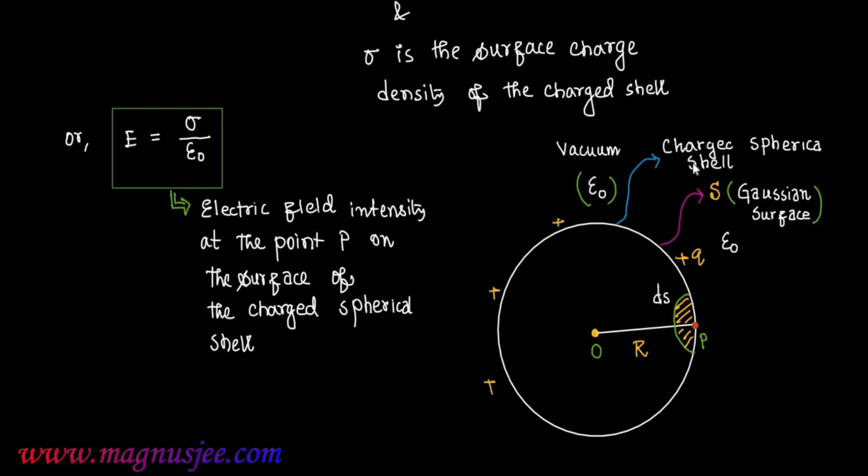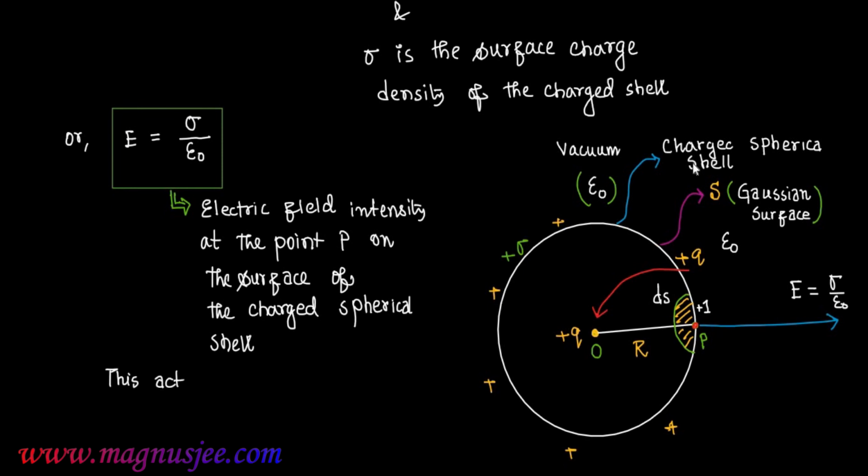In this case, plus Q charge is uniformly distributed over the surface of the spherical shell. Sigma is the surface charge density, and plus Q charge appears to be concentrated at the center O of the spherical shell, and unit positive charge, that means plus 1 charge, is placed at the point P, and this unit positive charge experiences an electrostatic force which is equal to E equals sigma by epsilon 0.